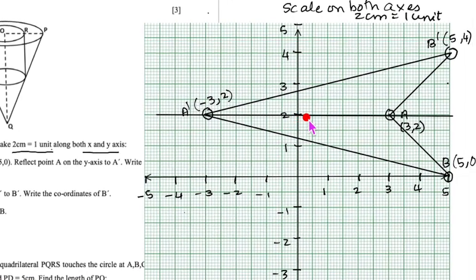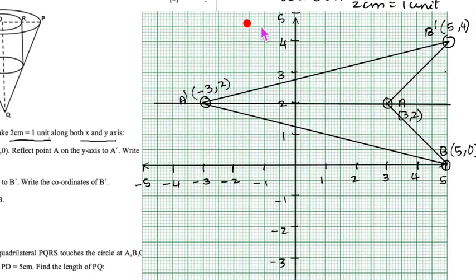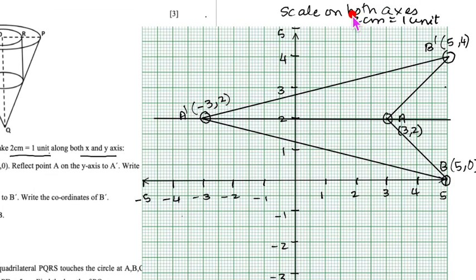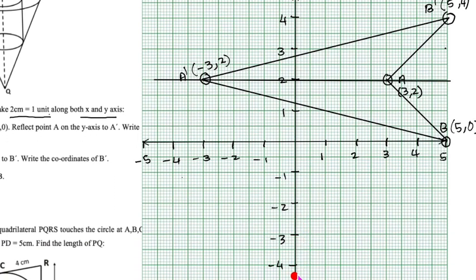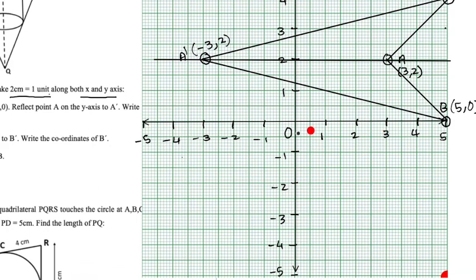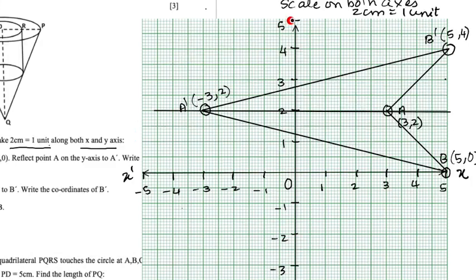As I told you, the graph sheet for ICSE will be 10 squares by 10 squares. I have written the scale on both axes as 2 centimeter equal to 1 unit, and I have taken the origin exactly in the middle.